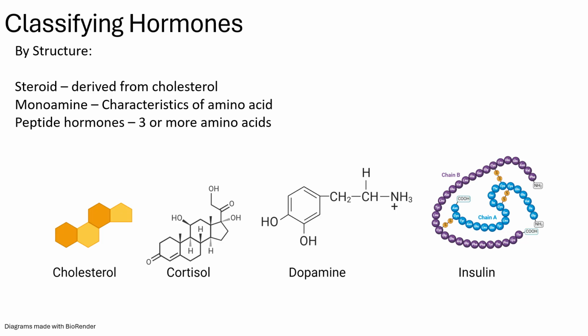This cholesterol molecule over here on the left is huge, and so is a cortisol molecule. Dopamine is an amino acid hormone, and it's quite small. And insulin actually is a pretty long peptide, reasonably speaking, but it is made on demand.